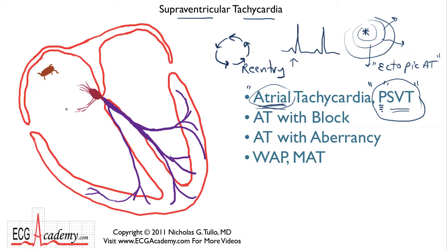Well, sometimes you can get the signal getting stuck, going down one pathway and back up the other. And you have this signal that basically chases itself round and round in a circle this way. And that's probably the most common cause of PSVT. That's actually known as AV nodal reentry tachycardia, or AVNRT. As I said, we'll go over this in great detail in the advanced course.